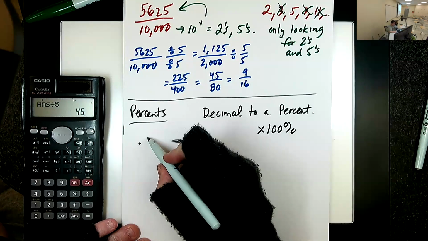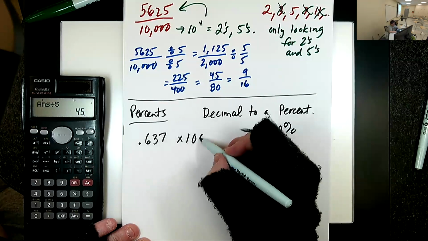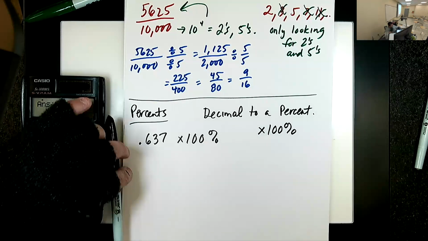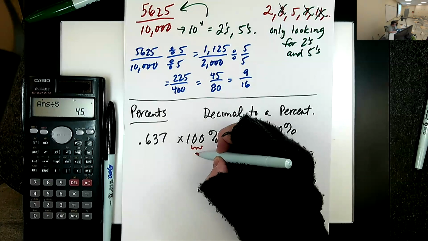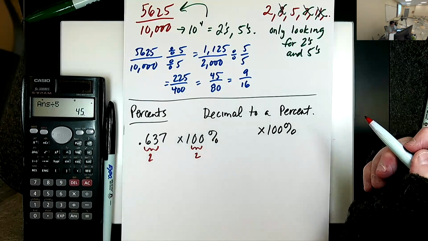So if I start off with 0.637, and I multiply it by 100%, those rules of multiplying by powers of 10 work here. I see 2 zeros. I can move the decimal point 2 times.